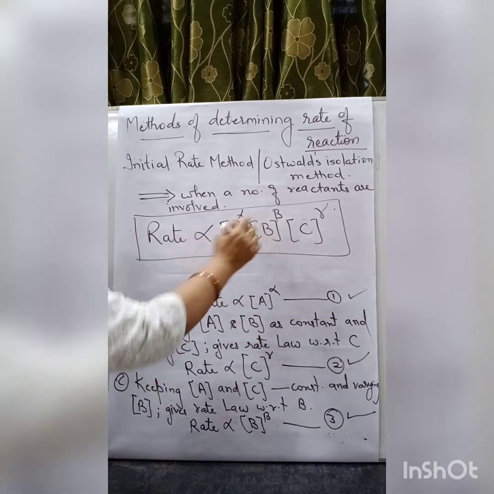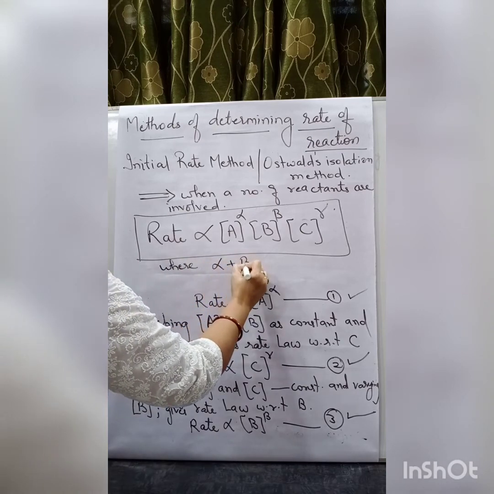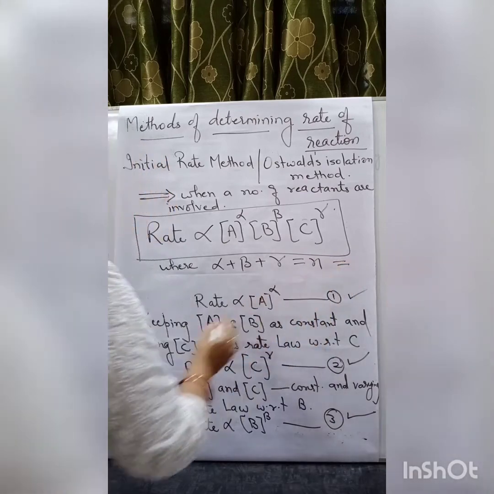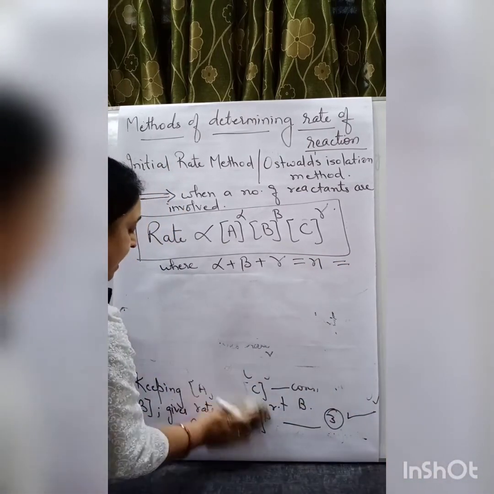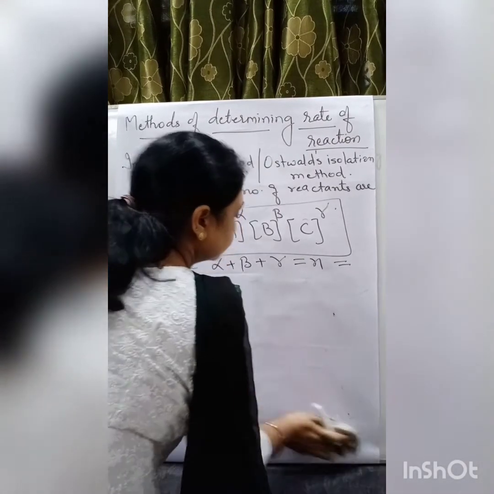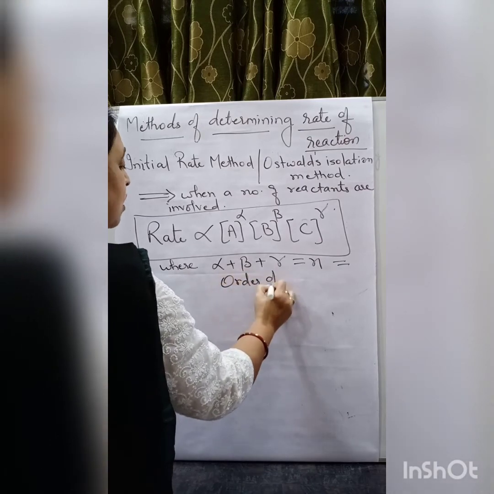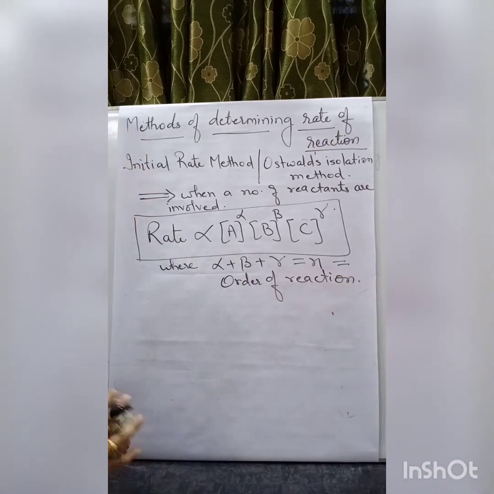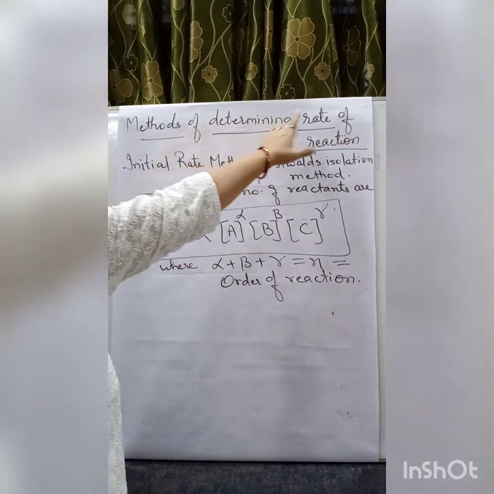Here alpha plus beta plus gamma is equal to n, and that indicates the order of reaction.